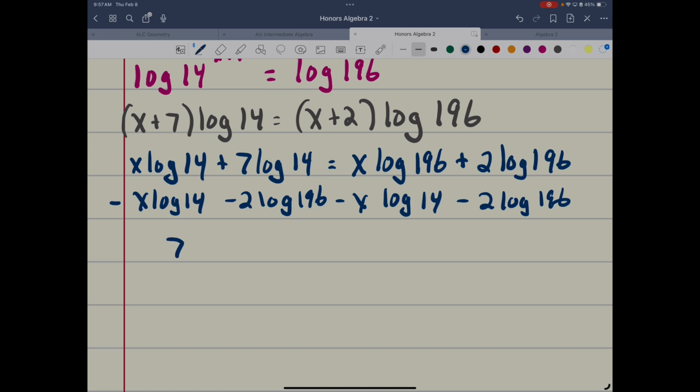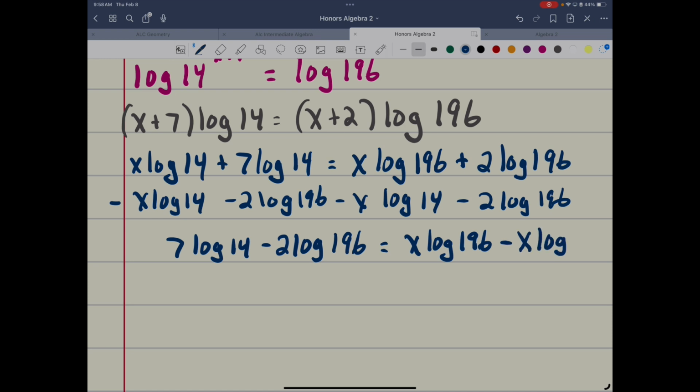So we've got 7 log 14 minus 2 log 196. We can't combine them because they have different ofs. Equals x log 196 minus x log 14. Look at that.